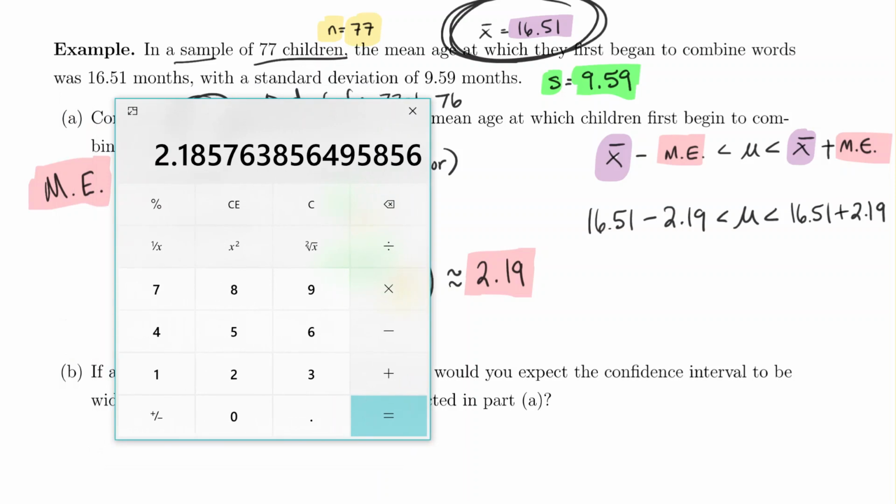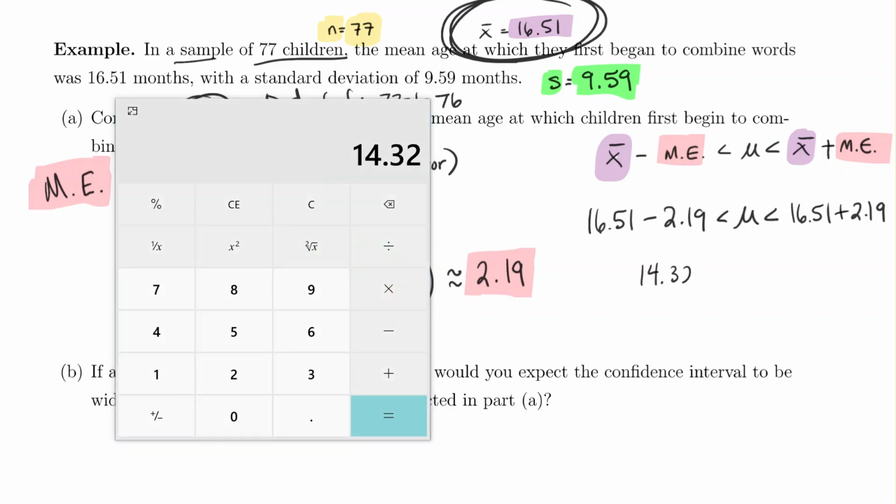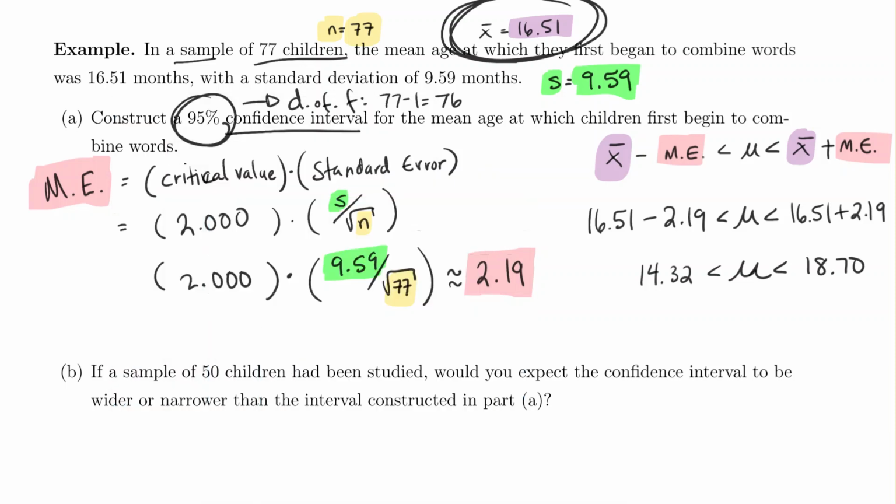Now we're going to see what that would be. 16.51 minus 2.19, 14.32. 16.51 plus 2.19, 18.70. And that would be our confidence interval that we were asked to find.